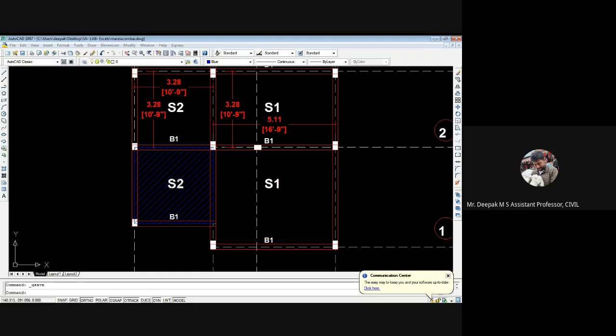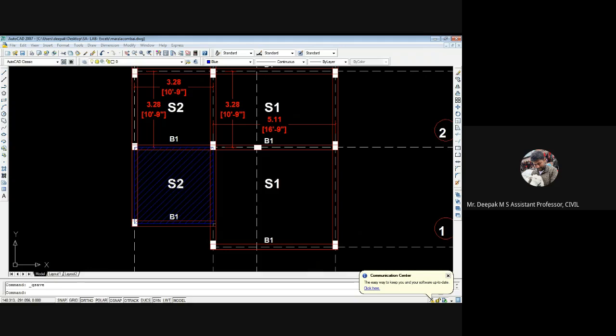And then, what is the grade of concrete that we have considered? M20 grade of concrete. And what is the grade of steel that we have considered? Fe 415 MPa. The live load is considered as per IS 875 Part 1 for a residential building.